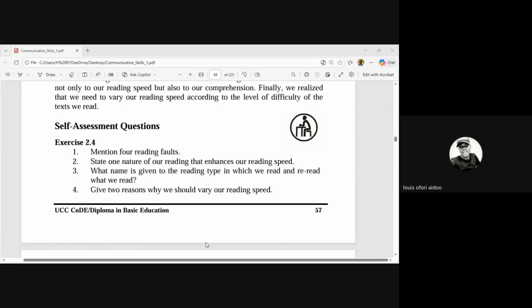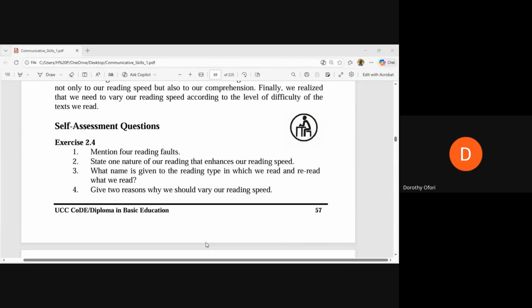Yes, madam, please. My question is, what could make one refer to regression in the list you mentioned earlier? What could make one go back as reference? Okay. What makes us engage in regression is, one, maybe whilst we were reading, we couldn't pronounce a particular word well, so we decide to go back and pronounce it. This is what will make us engage in a reading fault called regression.